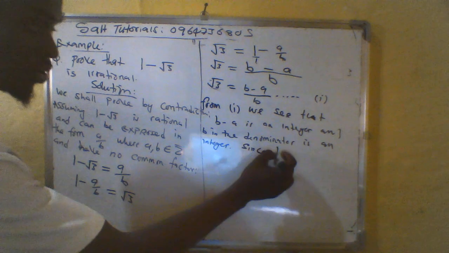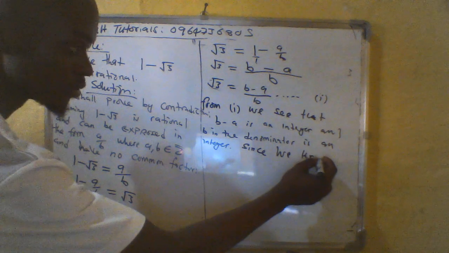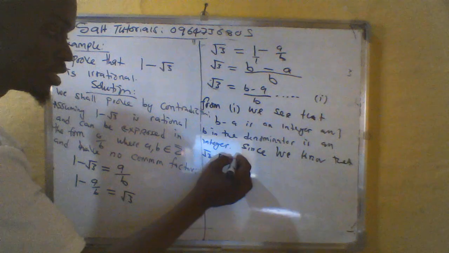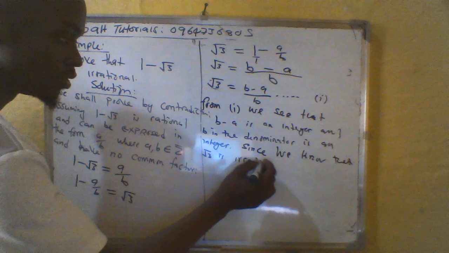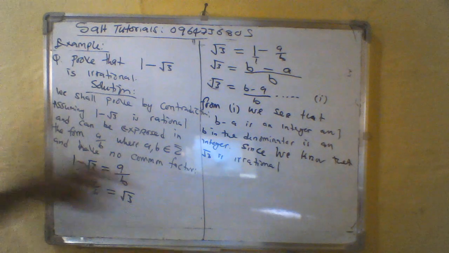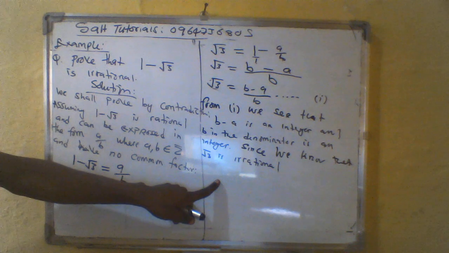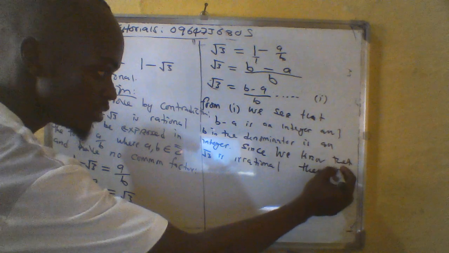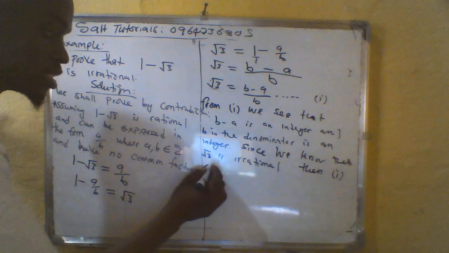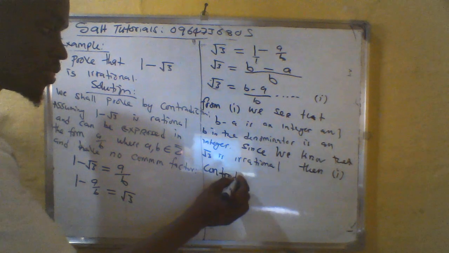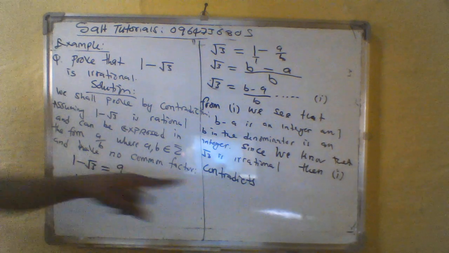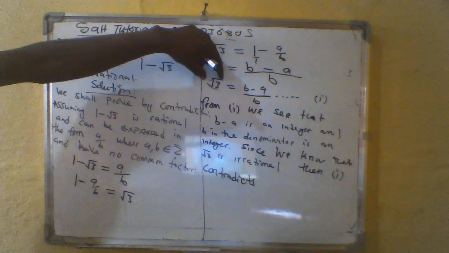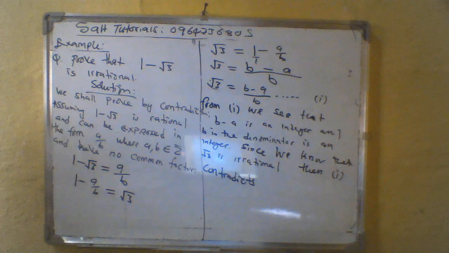And since we know that root 3 is irrational, so we already know the concept that root 3 is irrational, then statement 1 contradicts that this is an irrational number.